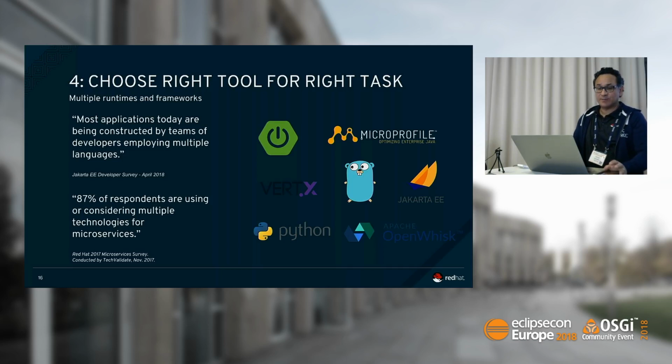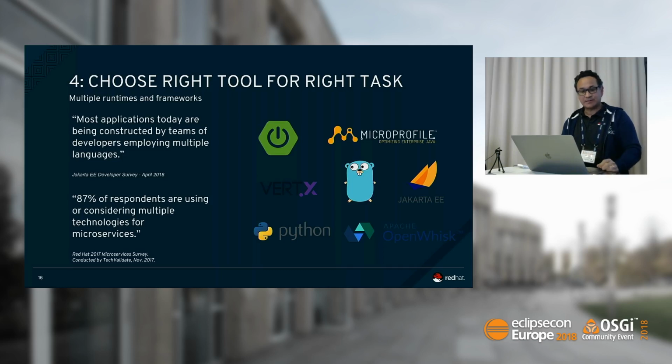And most of the respondents said that most applications today are being constructed by teams of developers employing multiple languages. The days of shops being a .NET shop or a Java shop or a Solaris shop, that's long gone. Now businesses are using multiple solutions and multiple runtimes in their applications.